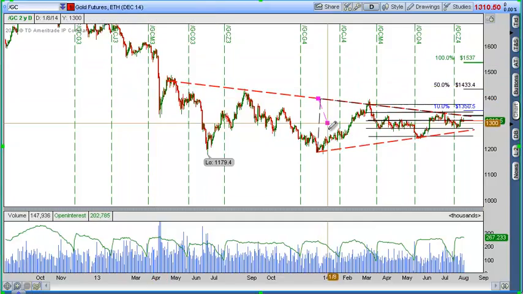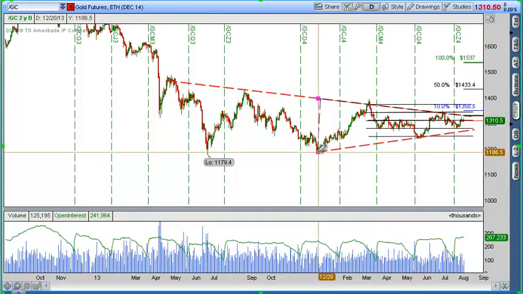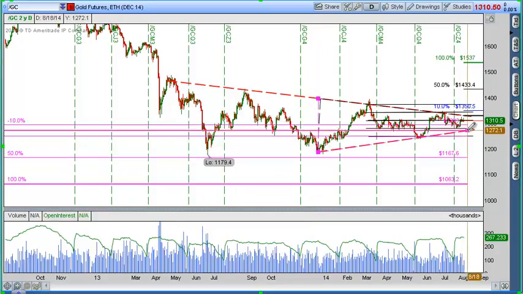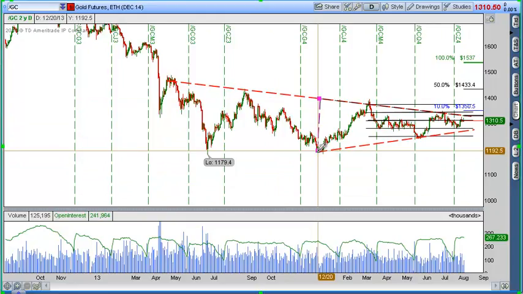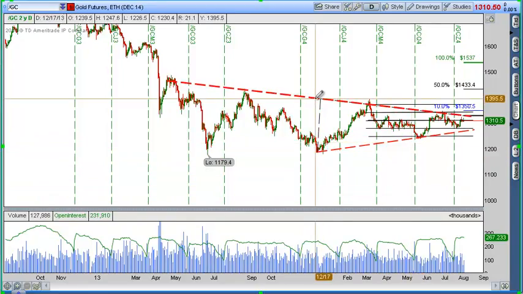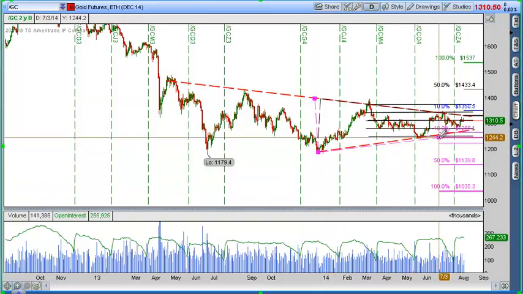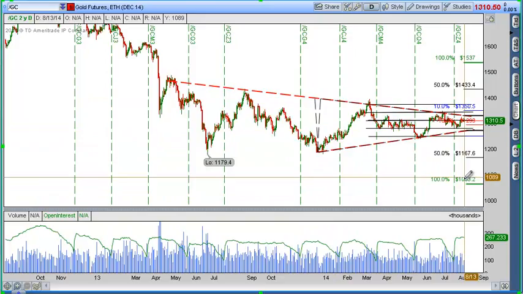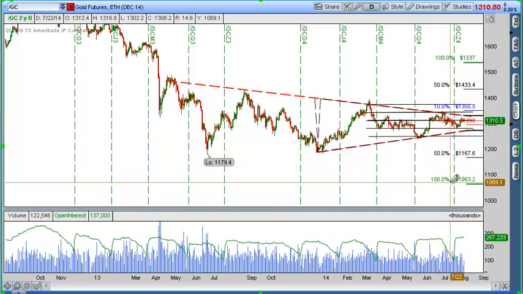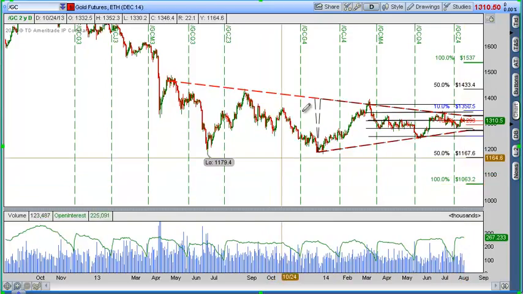If we're looking at the downside, if you draw just a little bit to the right, then it should give us a right side only extension. Now, if it does break through the downside, that puts us all the way back down to 1,063 on gold.